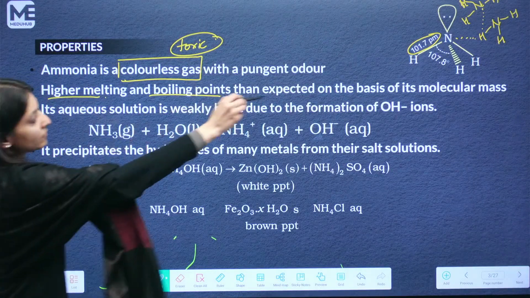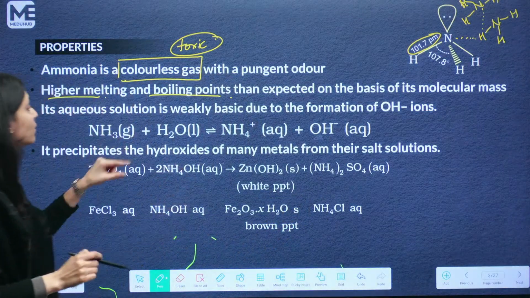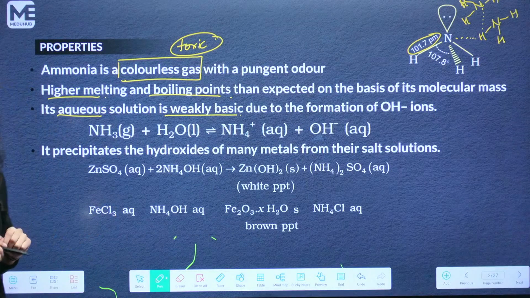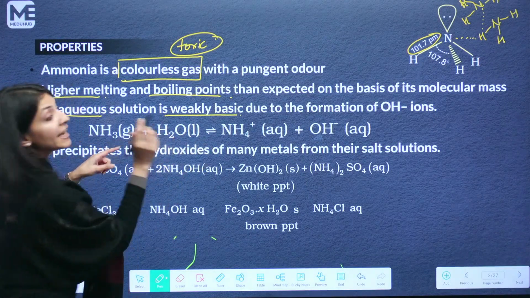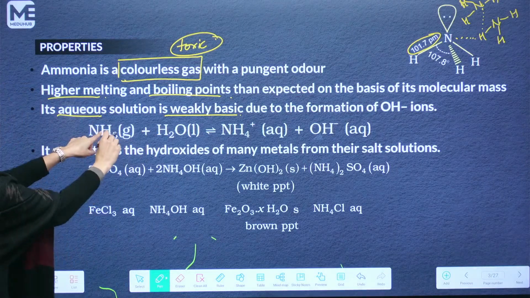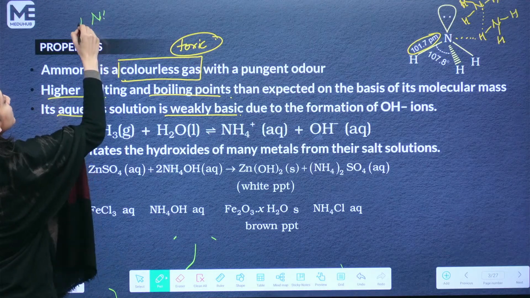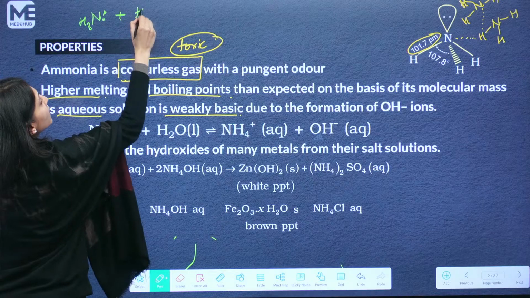Now, ammonia has a lone pair of electrons on it, alright. An aqueous solution of ammonia is weakly basic. Why is it basic? Because ammonia takes up H+ from water. Why does it take up H+? Because of this lone pair. So we have ammonia with a lone pair on nitrogen and we have water.